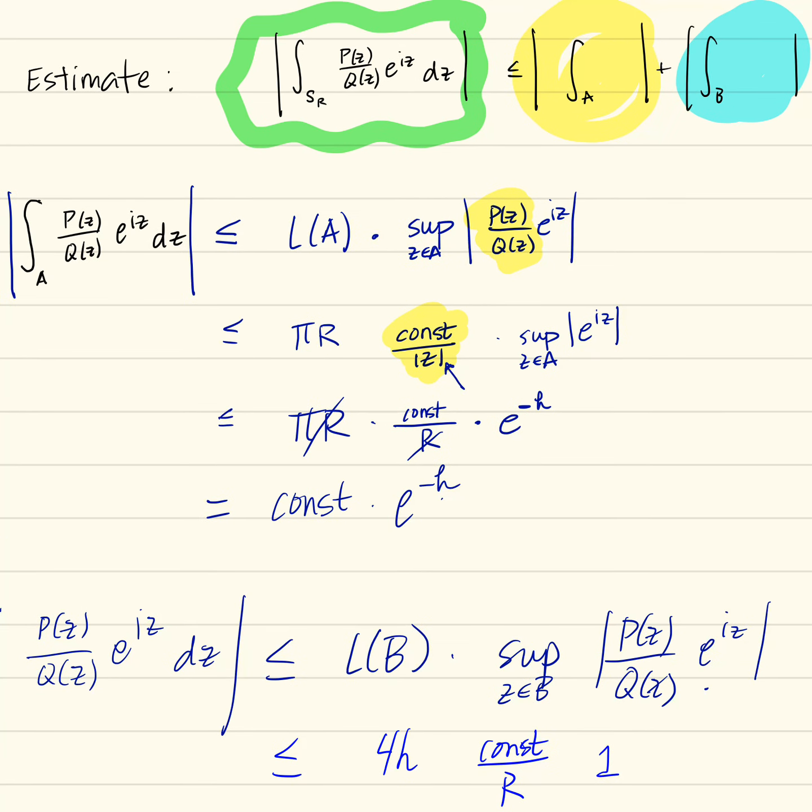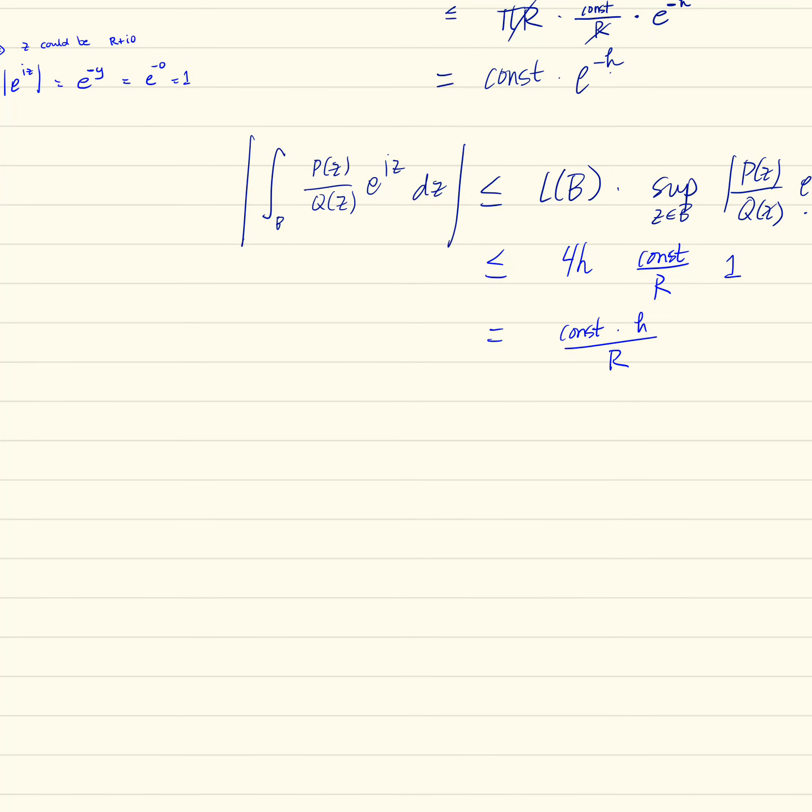So currently we have that the integral over SR is less than or equal to the modulus of the integral over A plus the modulus of the integral over B, right?